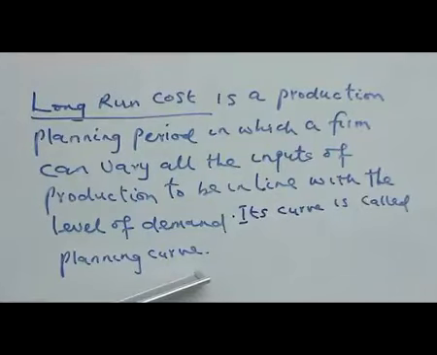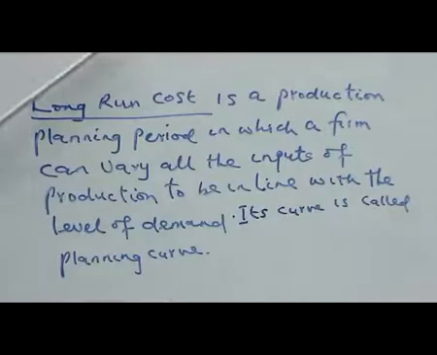The firm will be talking about total cost and marginal cost, together with average cost and marginal cost, in order to know the minimum average cost of the firm. But in the short run, the firm will still be talking about fixed cost, variable cost, because they are not in the long run period.